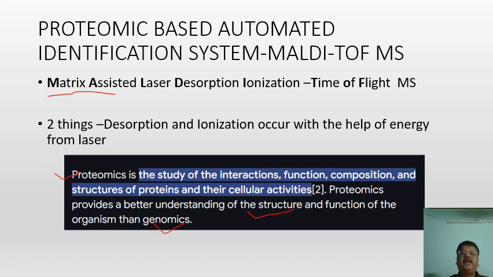Matrix assisted laser desorption ionization, time of flight. And what is this MS? Mass spectrometry. So here two things will happen: desorption and ionization occur with the help of energy from laser.